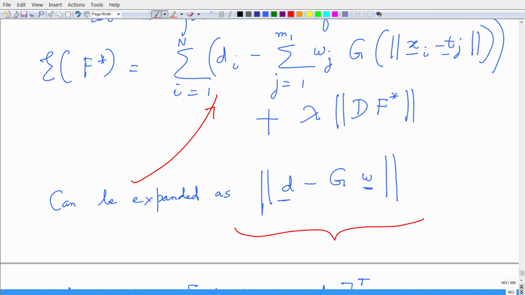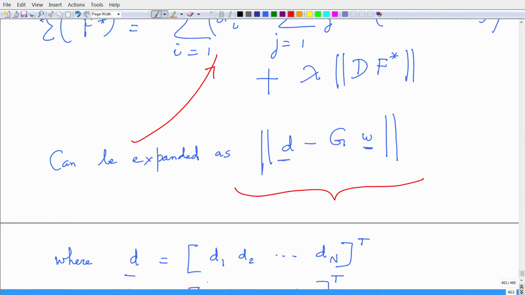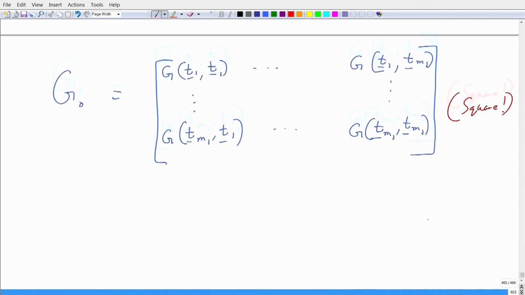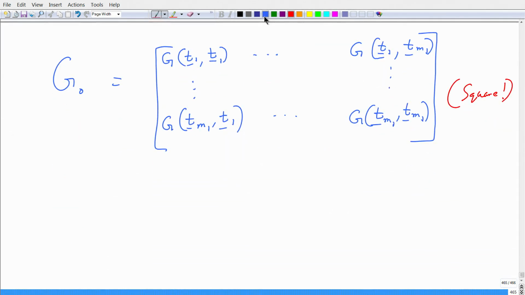So, minimize this Tikhonov functional which minimizes the Euclidean norm subject to these regularity conditions. So, I will leave this as an exercise.